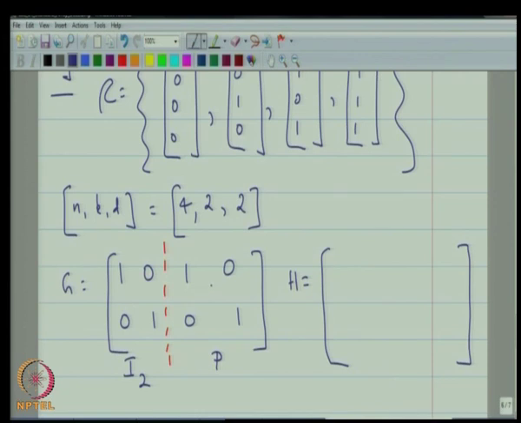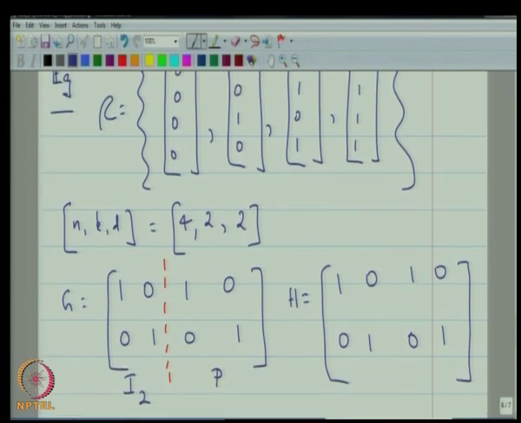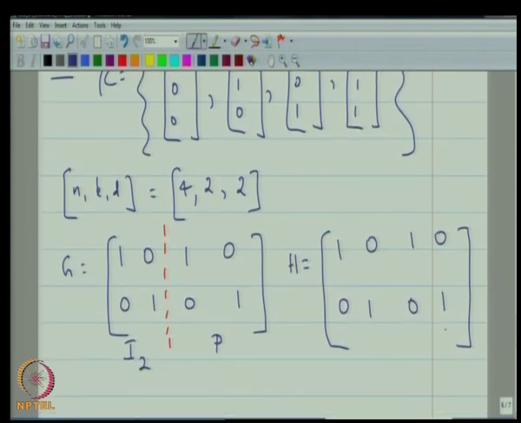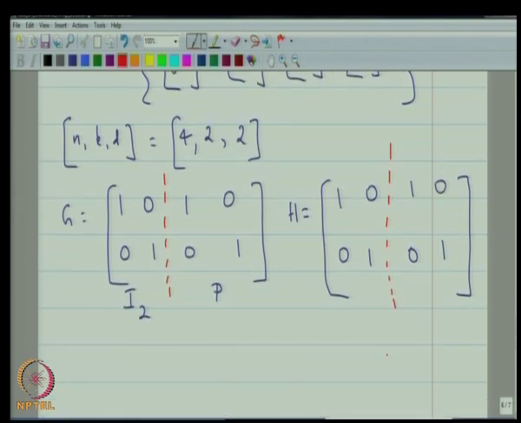So what you would do is take P transpose, which would be 1 0 0 1, and then I. And so you find that in this particular case, in reality the parity check and generator matrices are both actually the same, and that happens for a class of codes known as self dual codes, but that does not need to bother us.